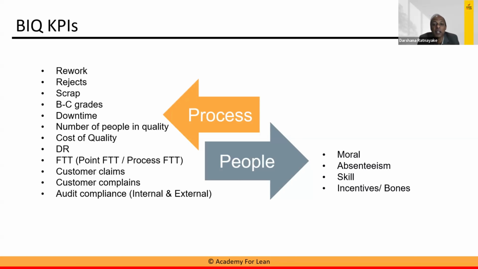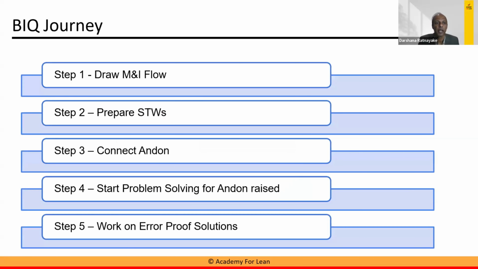But in a lean environment, or process improvement and process excellence manufacturing environment, we need to incorporate one, two, or all four of these people-related KPIs into the department, especially the quality department. This is where we discussed last time.